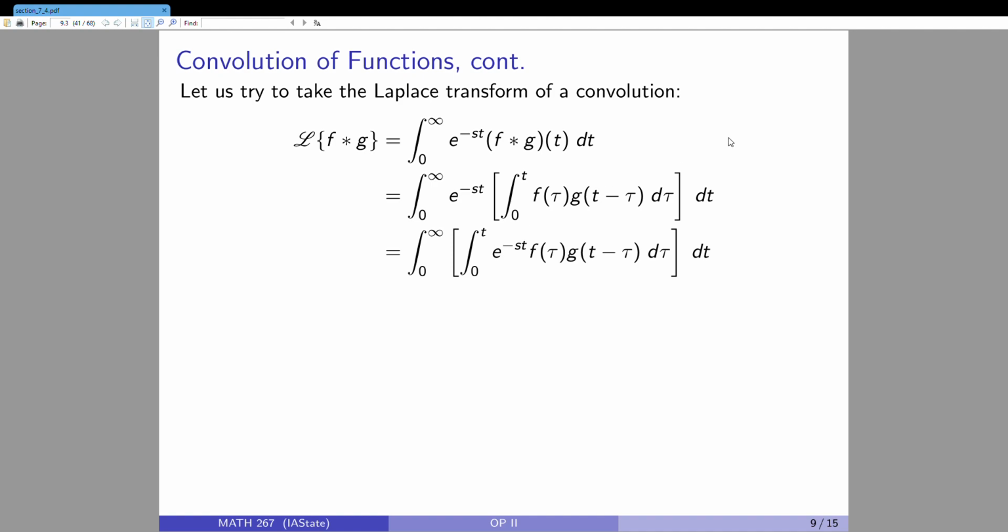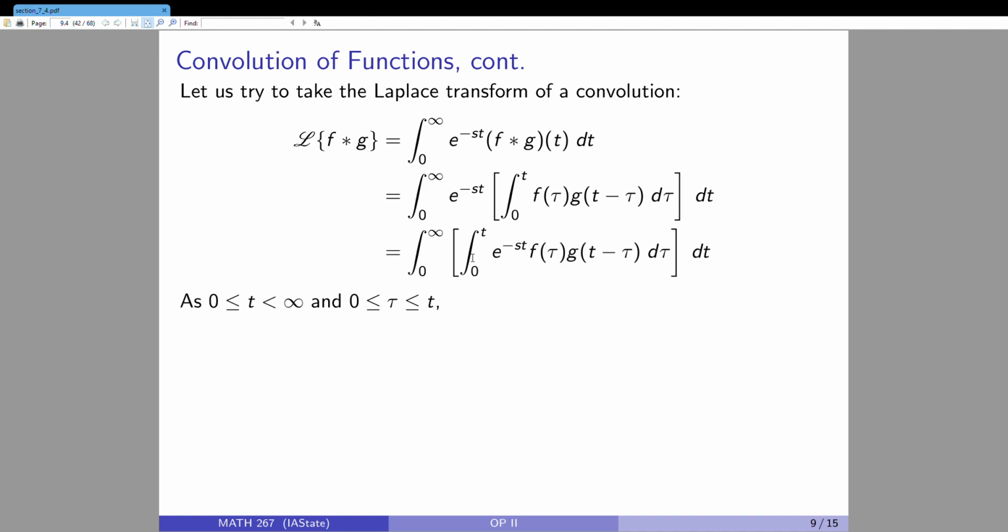Well, I can, but I gotta be really careful about how I do it, because I gotta think about where t and tau live. Now, t runs from 0 to infinity. So if I'm going to swap the order of integration, that's going to put a d tau on the outside. So I need to know where tau lives. Well, t runs from 0 to infinity, and tau runs from 0 to t. So that means tau would run from 0 to infinity as well.